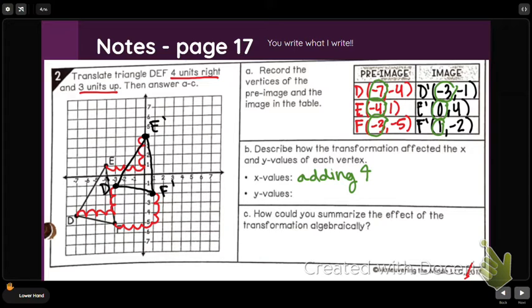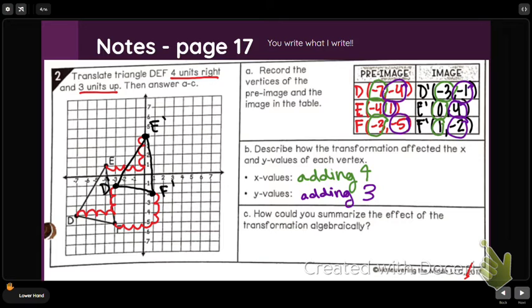The y values went from -4 to -1, which would be +3, from 1 to 4, which is +3, and from -5 to -2, which again was +3. So the y values changed by adding or increasing 3.